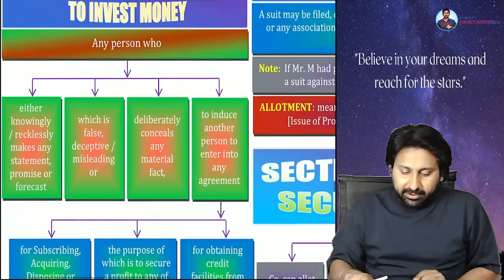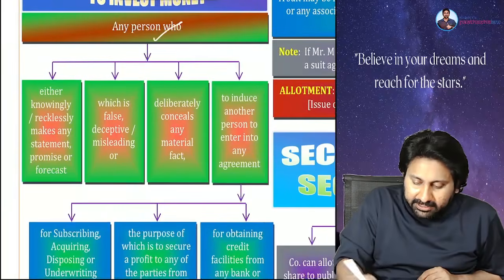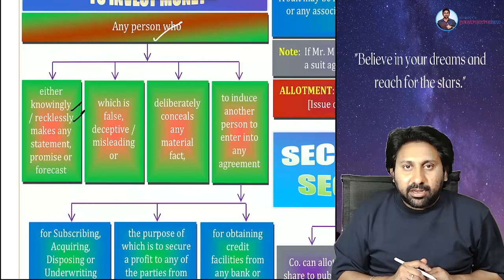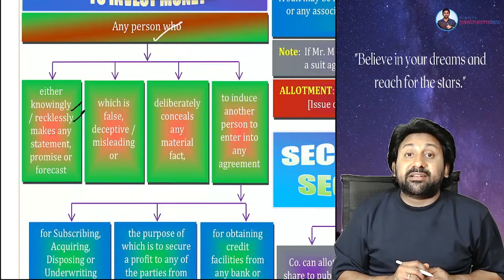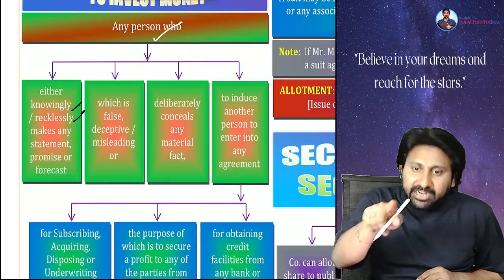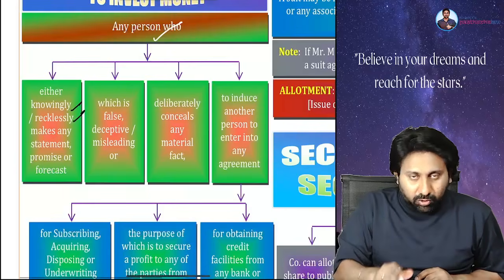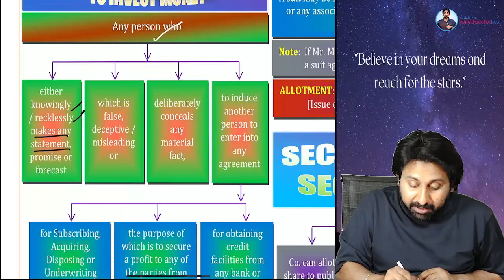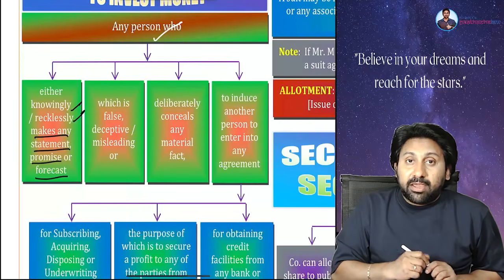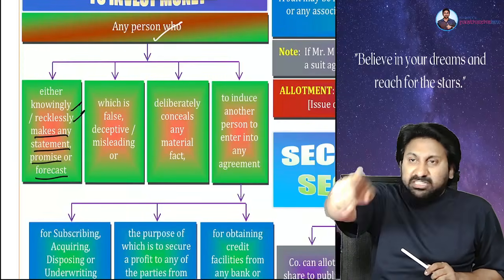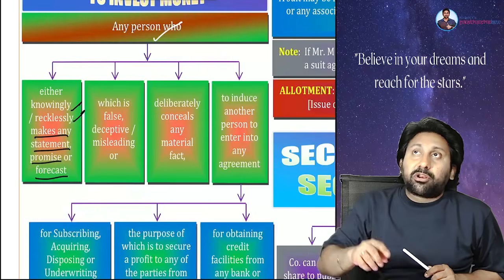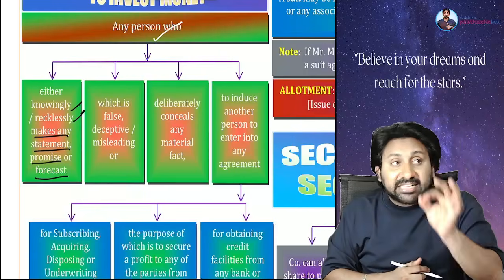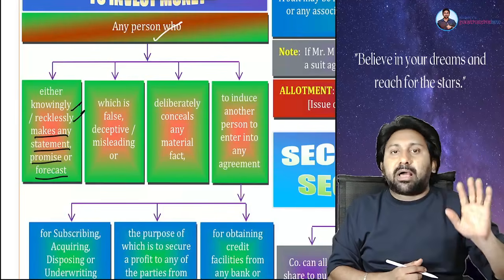See, first one. Any person who knowingly or recklessly, reckless means negligently, knowingly means intentionally, makes any statement, promise or forecast, a statement or a promise that it will definitely happen, or a forecast that it can happen in future, you are recklessly making that statement without knowing about the market.